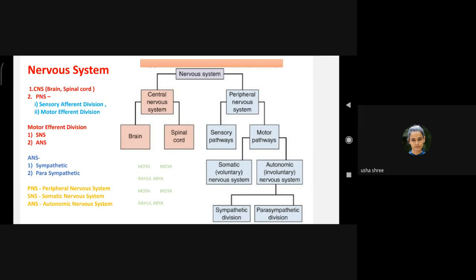Our respiratory rate increases after running because we need more oxygen. That is under the autonomic nervous system. Yes, we can control our breathing voluntarily, but automatically, when we stop after running, our breathing rate goes high, our heart rate goes high, and our blood pressure goes high.